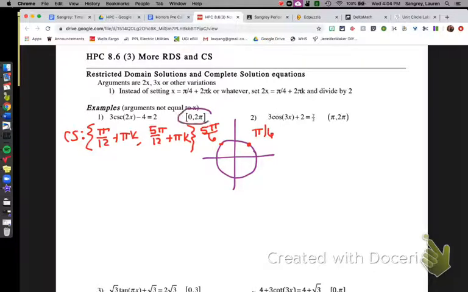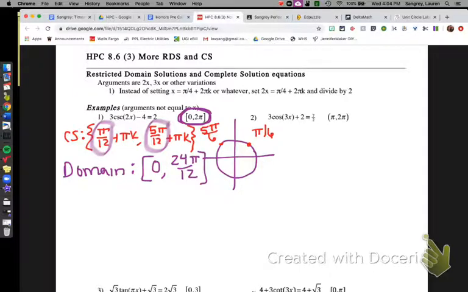So what I'm going to do is I look at my restricted domain 0 to 2 pi. I also notice that my values are fractions that are over 12. So what I like to do is rewrite my domain with a common denominator. In this case, it would be 12. So this would be 0, and then 2 pi with a denominator of 12 would be 24 pi over 12.